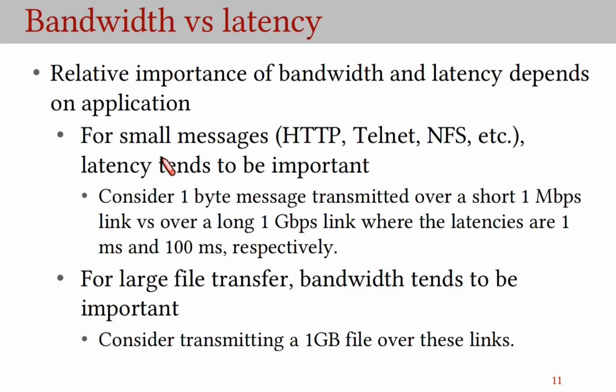However, for applications that transfer large amounts of data, bandwidth becomes important. In these applications, large bandwidth has a great impact on reducing the transmission time, which in turn keeps the latency small.